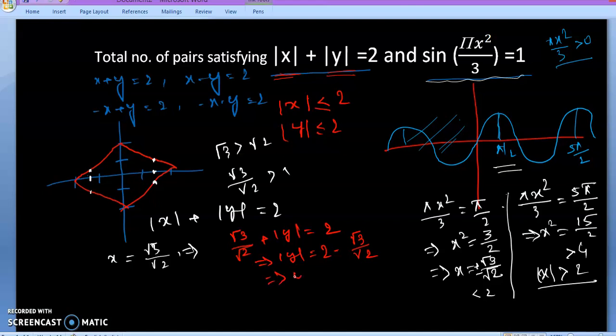Therefore, the value of y is plus minus of 2 minus root 3 by root 2. So for one value of x, you will get two values of y.